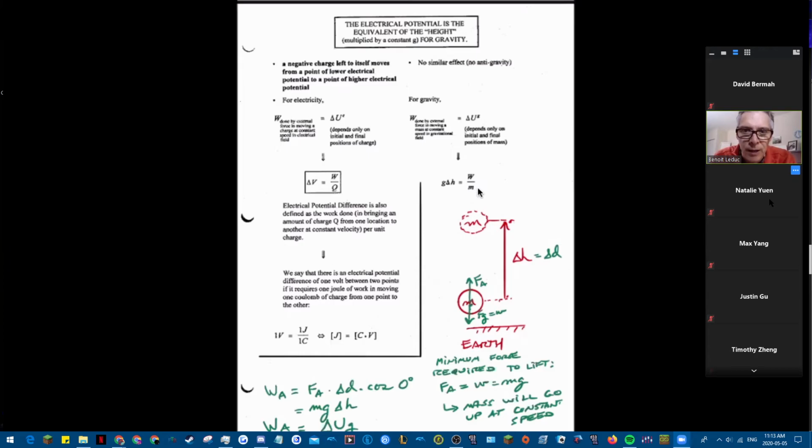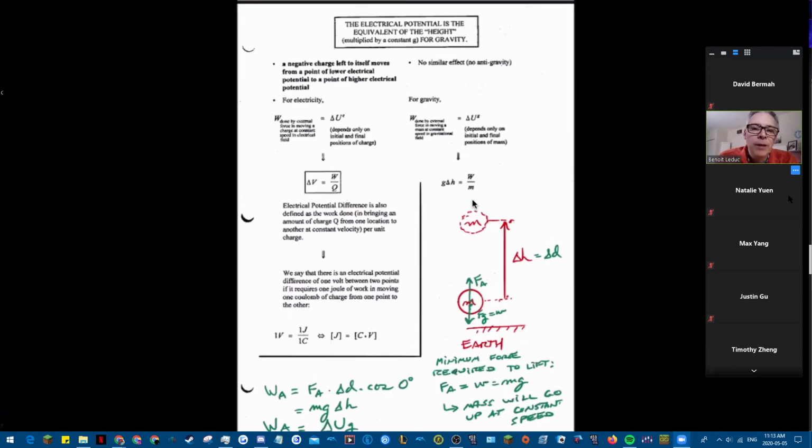So the work done by me over m corresponds to g times the change in height. You have something exactly similar here.